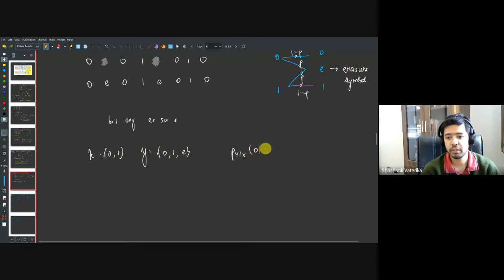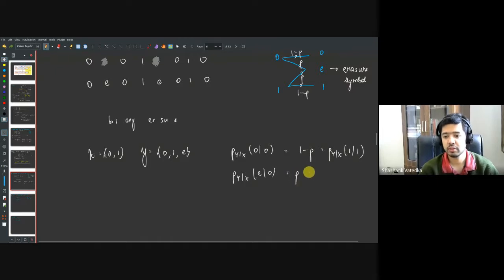And what about the transition probabilities? The probability that you see a 0 given that a 0 was sent is 1 minus p, and the same for P(y|x) of 1 given 1. The probability that you see an erasure at the output given that 0 was sent at the input is p, and the probability that you see an erasure given that a 1 was transmitted is also equal to p.